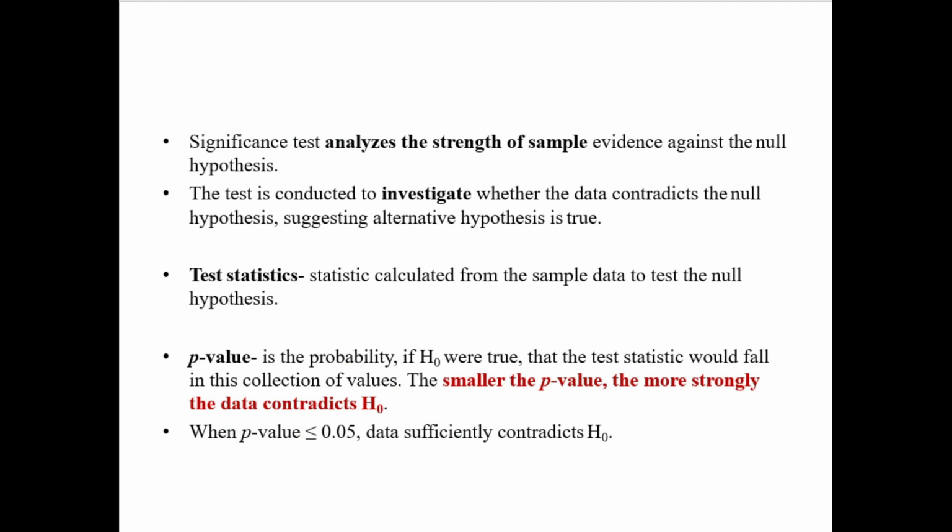A significance test analyzes the strength of the sample evidence against the null hypothesis. The test is conducted to investigate whether the data contradicts the null hypothesis, suggesting the alternative hypothesis is true.